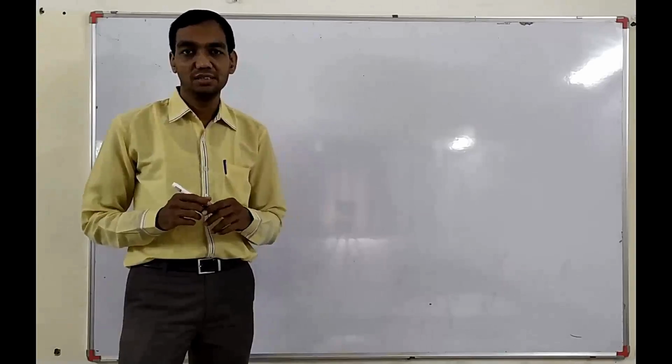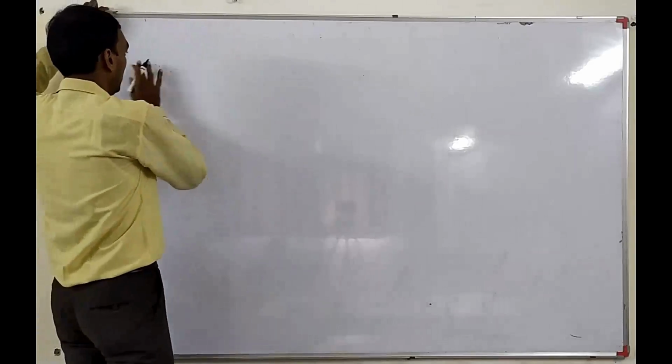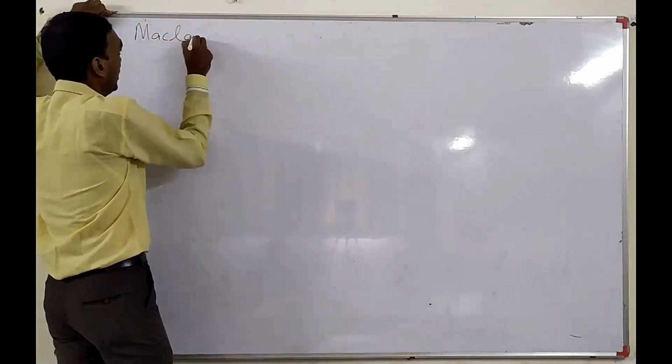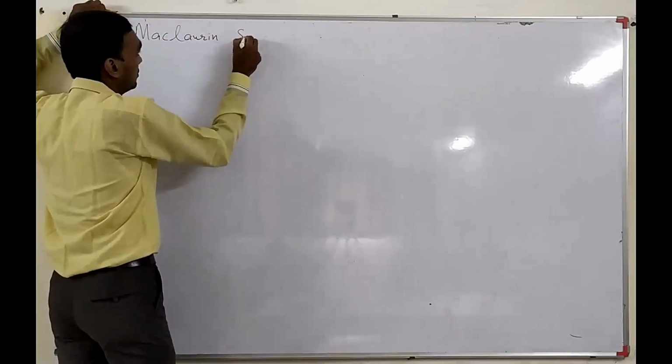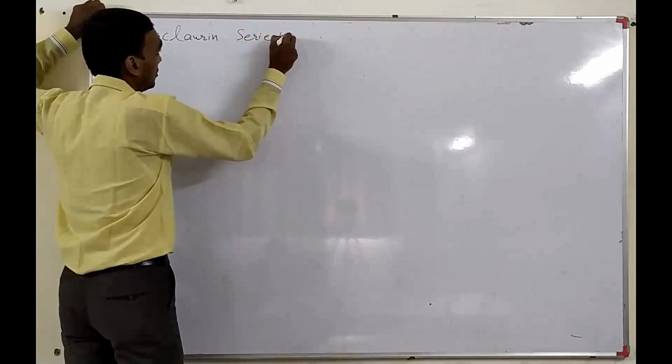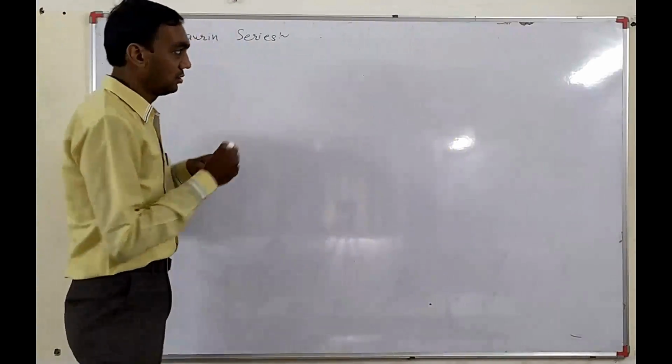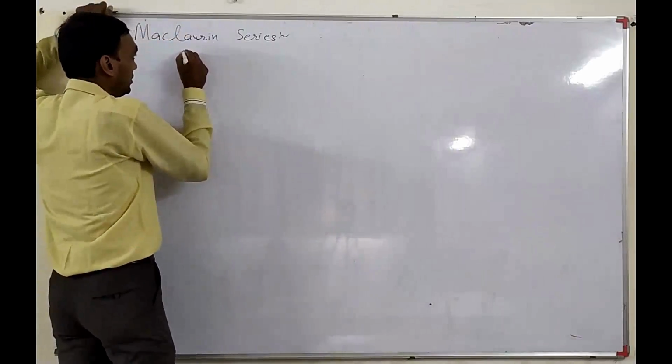The Maclaurin series. For the Maclaurin series, we are finding the series set of Maclaurin series. The Taylor series at x equal to 0 is called the Maclaurin series.